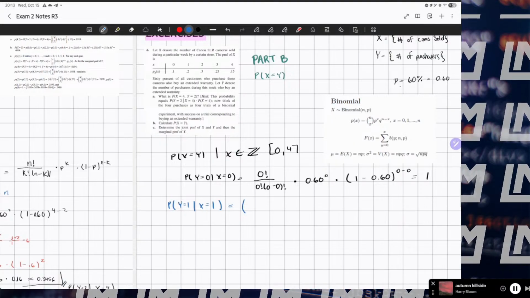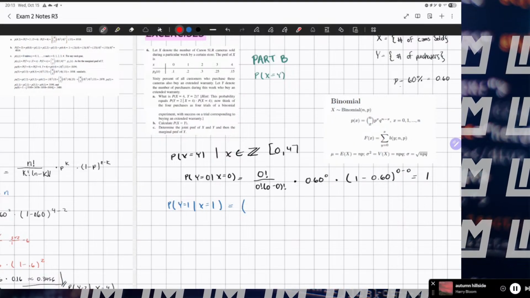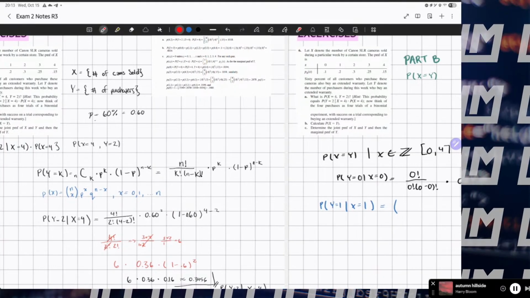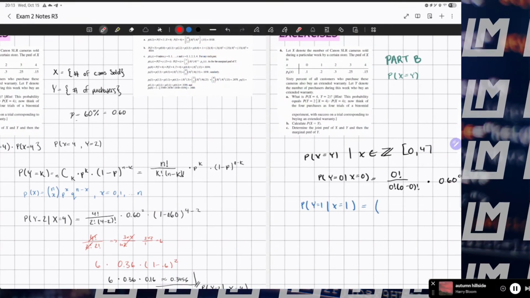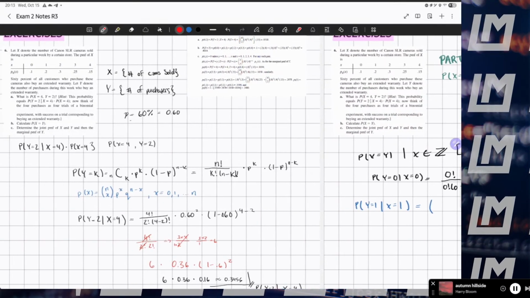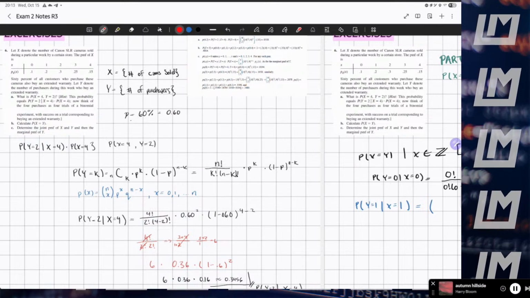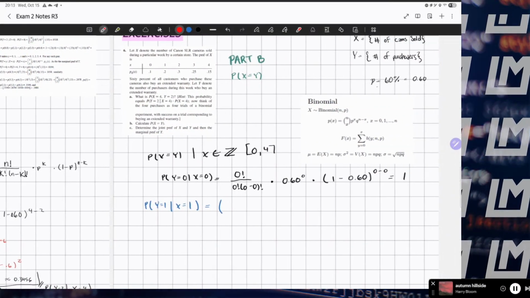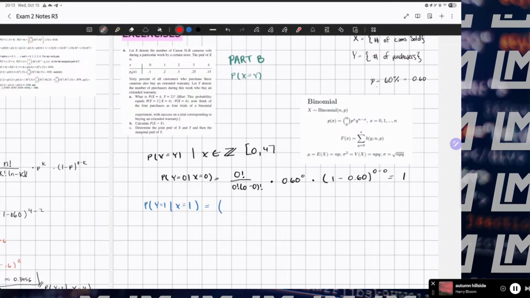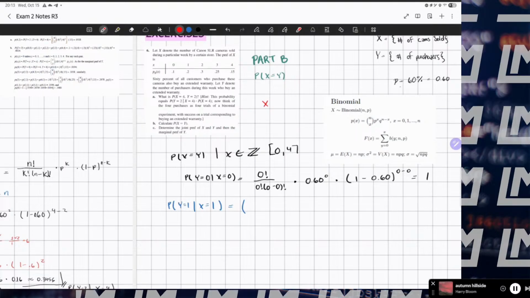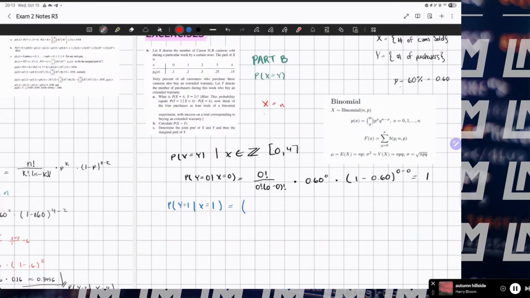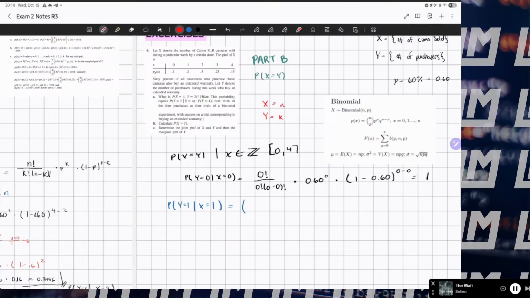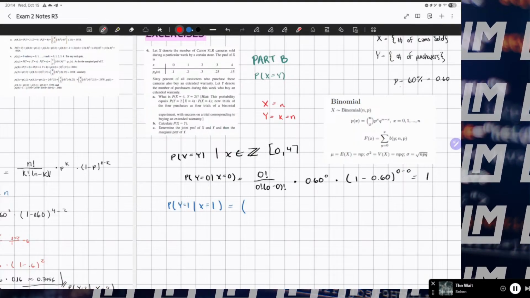And I think I'm gonna write right here that in this formula, x is equal to n and y is equal to k, which is also equal to n, since they're both equal to each other in this problem.